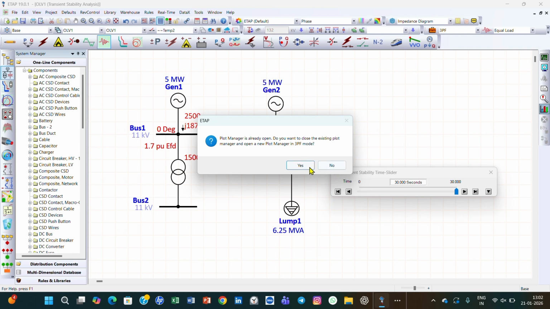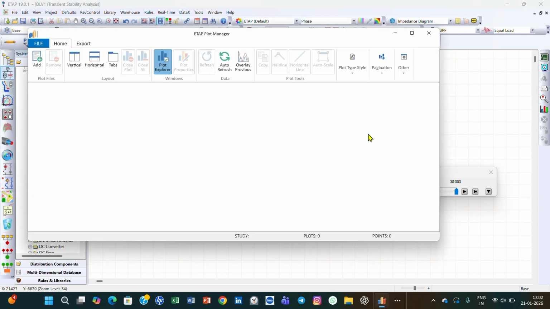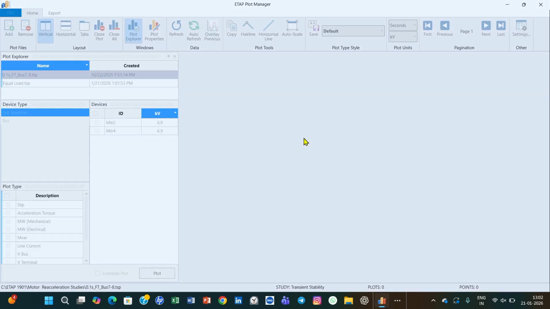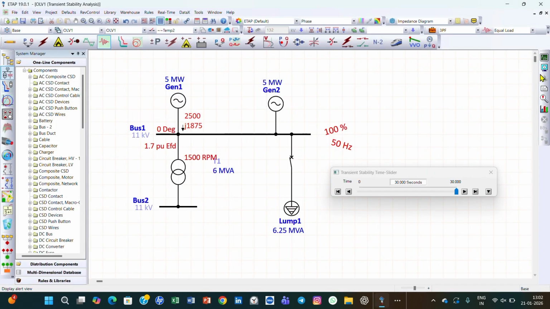There is only one generator coming, so we can close this plot first and go to plots again.